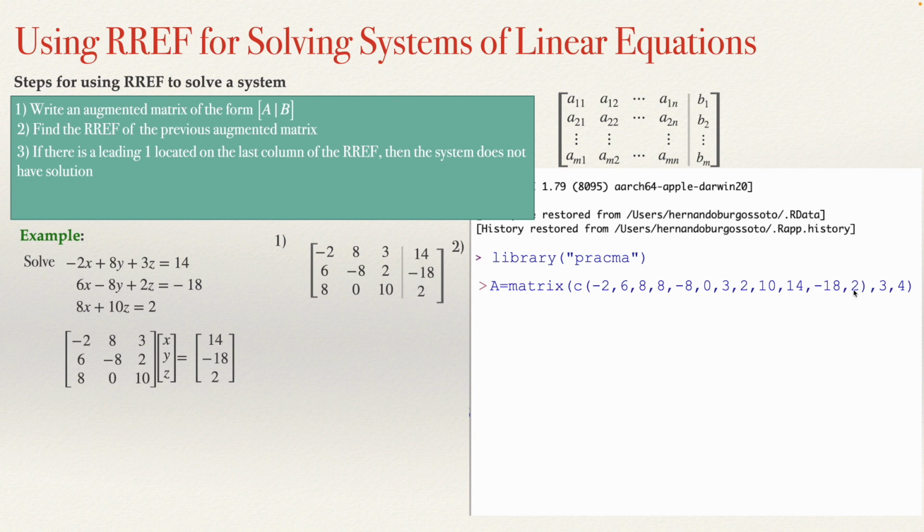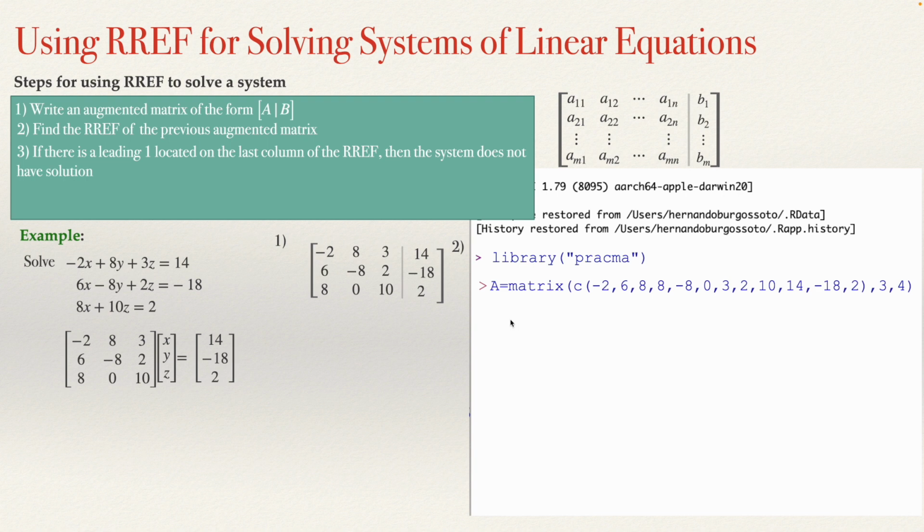Let's finish here and then tell it there will be 3 rows, 4 columns. There are several ways to combine these 12 entries. Could be 2 rows, 6 columns, for example, or 6 rows, 2 columns, or 4 rows, 3 columns. That you need to tell: there are 3 rows, 4 columns.